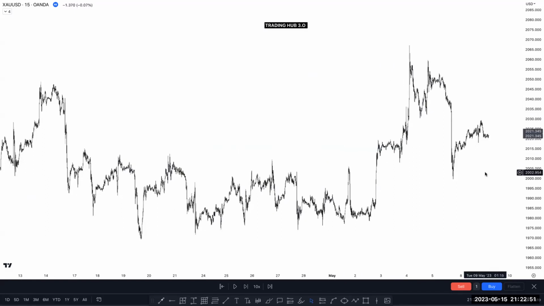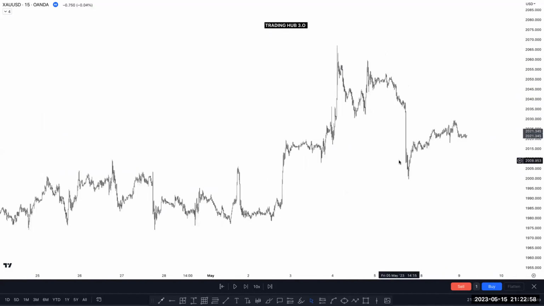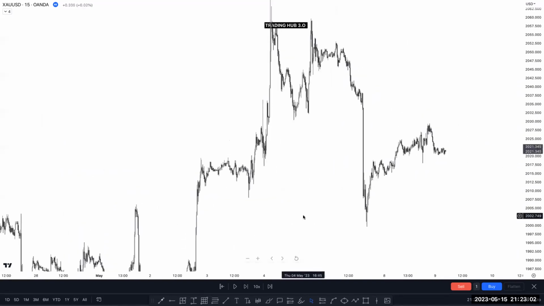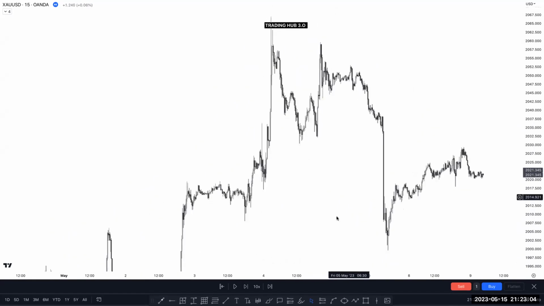What is your current external structure here? This one is our higher high. First of all, you have to mark your higher high. So as per this structure, where is our higher high in this case?